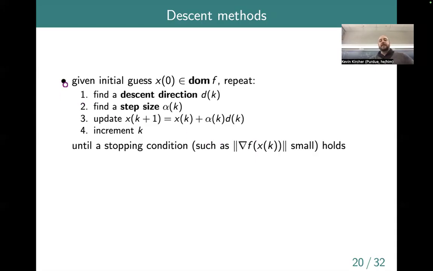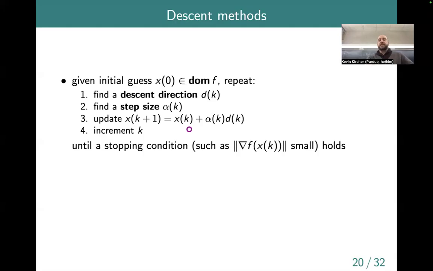The rough high-level structure of a descent iterative method would be, again, we're given our initial guess. At each iteration, we find a descent direction, d, and then we find a step size, alpha. So we have a direction that we want to move in, and then you ask, how far do you want to move in that direction?